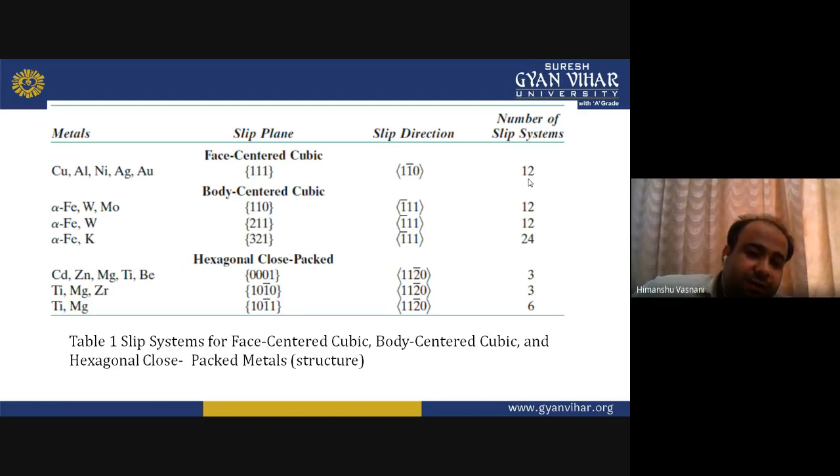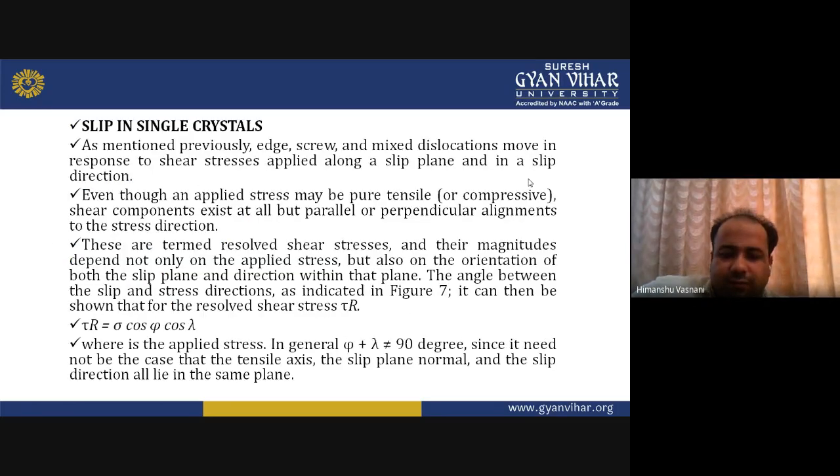Then the HCP structure, hexagonal close packing, has cadmium, zinc, magnesium, beryllium. They have different slip planes, different slip directions, and the number of slip systems is 3, 3, 6. So in the table you can easily see that different structures have different slip systems. It is helpful for them.